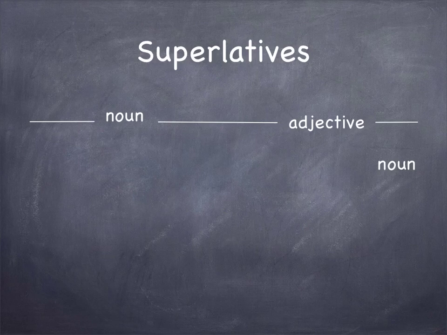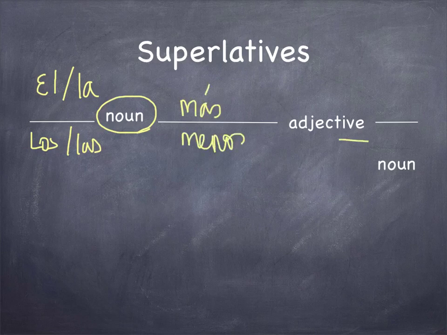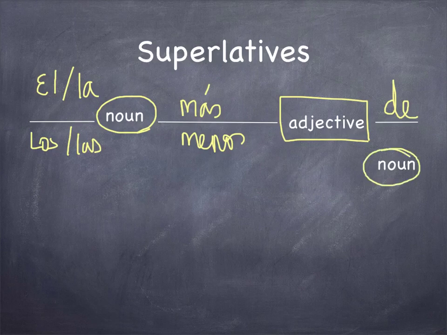In Spanish, usually we use the article el, la, los, or las, then followed by the noun, followed by más or menos, adjective, and then the word de, if it is followed by a noun.